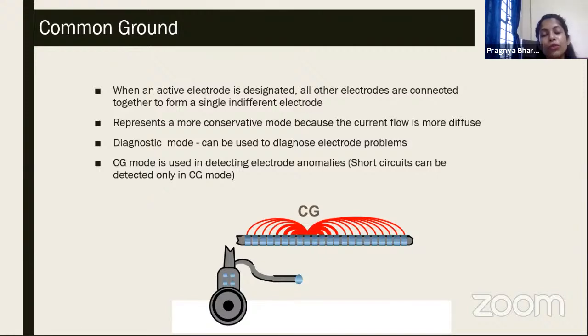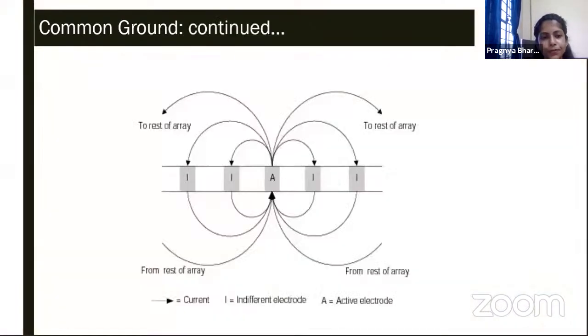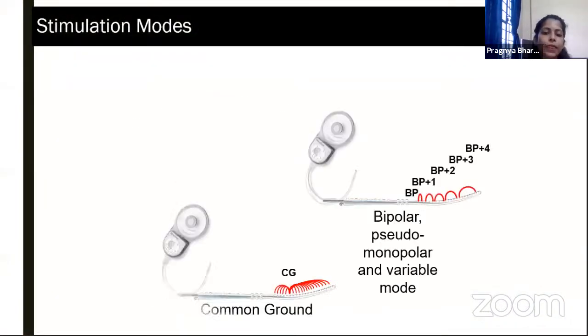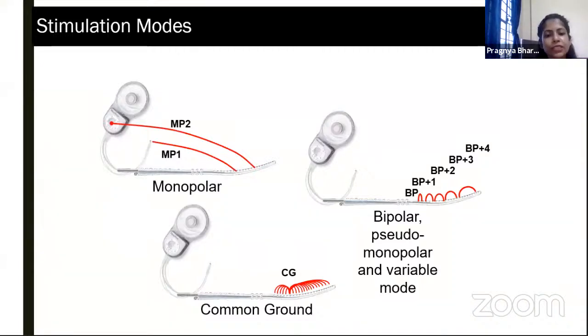Using a common ground mode, we can get individual electrode status information. For example, short circuits can be detected using only the common ground mode of stimulation. Hence it is used more for a diagnostic purpose rather than for stimulation purpose. Again, a visual representation of all the stimulation modes.